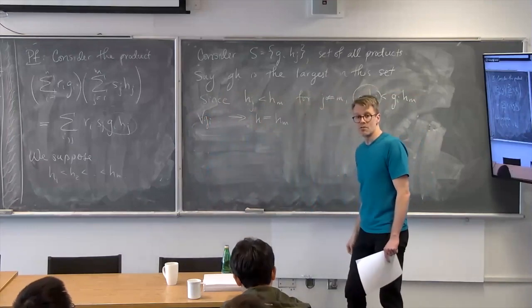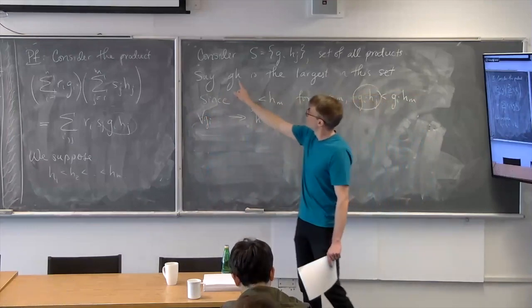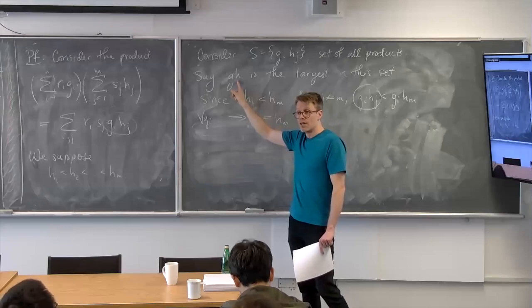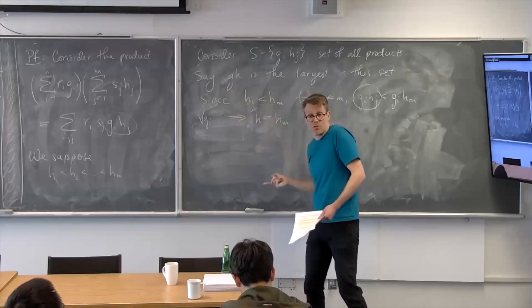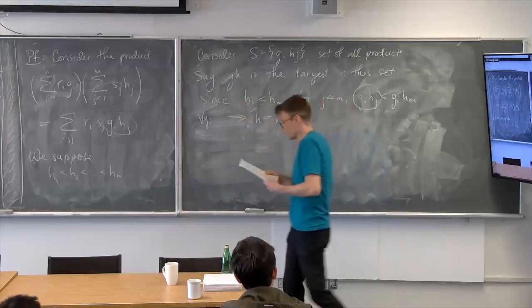Right. But now let's suppose that there's two products that give this maximal element, right? Like Gj times Hm and Gi times Hm or something like that. Imagine that happened.